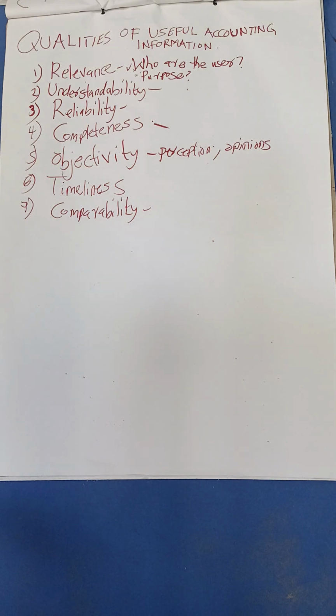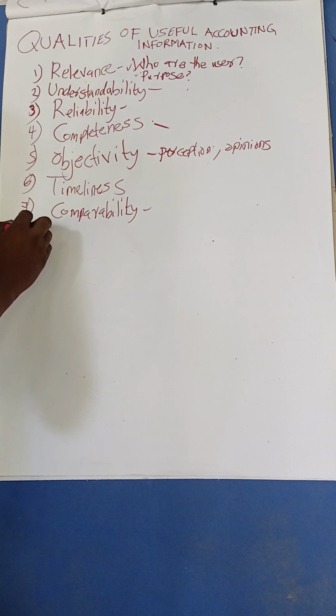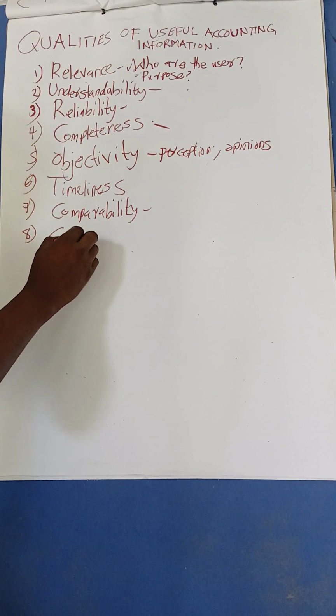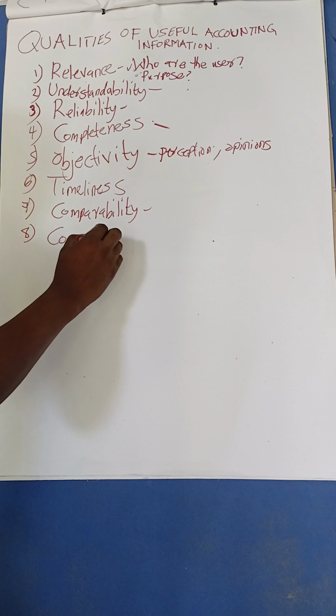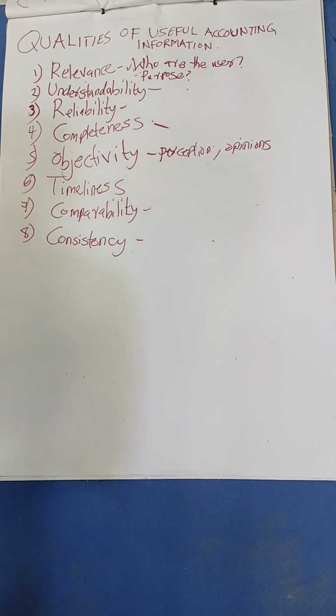I can add one, which we call consistency. In order for accounting information to be useful in decision making, it must be recorded consistently, meaning that the same accounting treatment must be applied at all times, over trading periods.